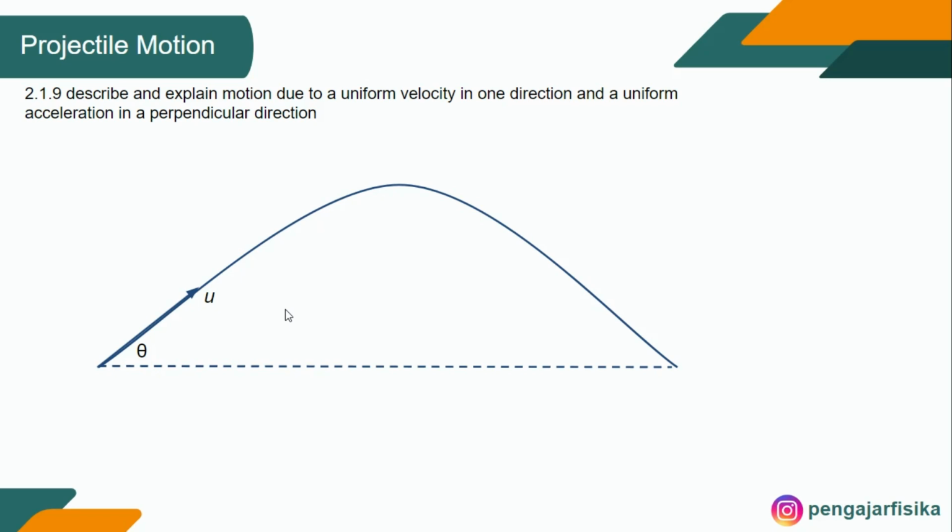So the trajectory, or the path, will be parabolic like this because the u is not aligned with the x nor y axis, so it has ux equals u cosine theta, and also it has uy equals u sine theta. Because here we assume that there is no air resistance, and we take g as 9.81 meters per second squared.